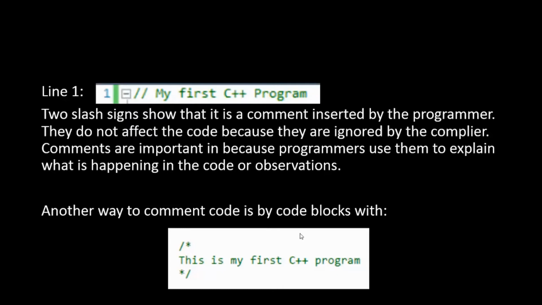They're only there to explain what is happening in the code, so when other programmers look at the code, they can understand what's going on. Another way to comment code is with a slash and a star. I would use a slash and a star if you have multiple lines of code documentation to write. But the two slashes up the top here are fine as well.